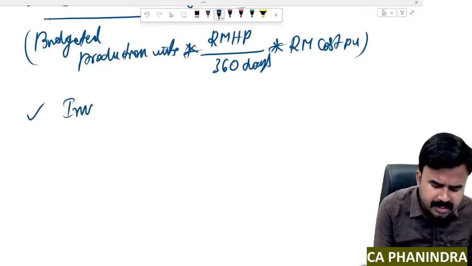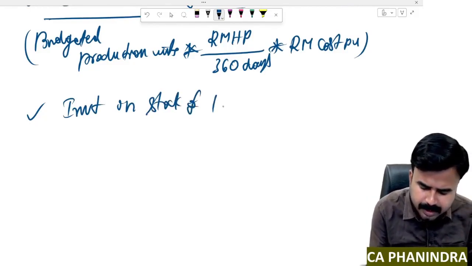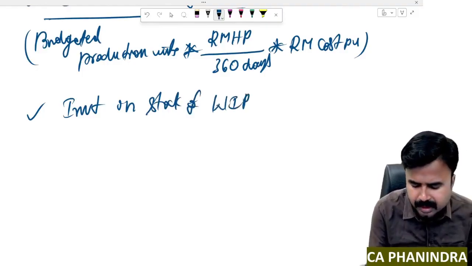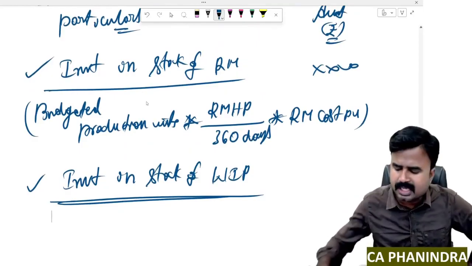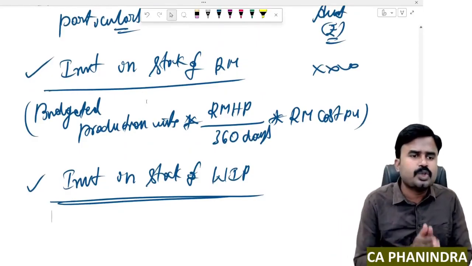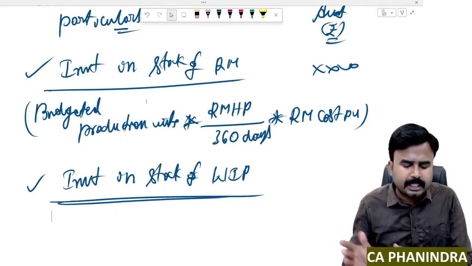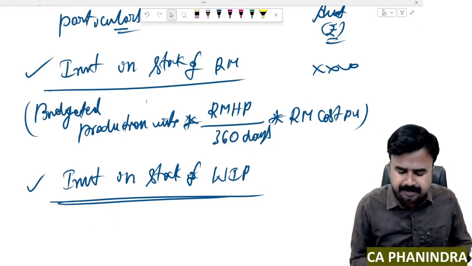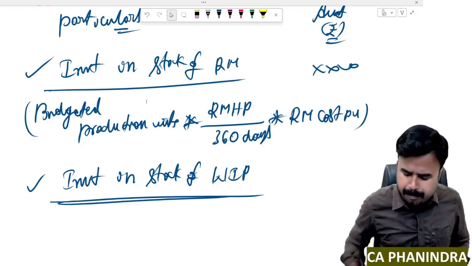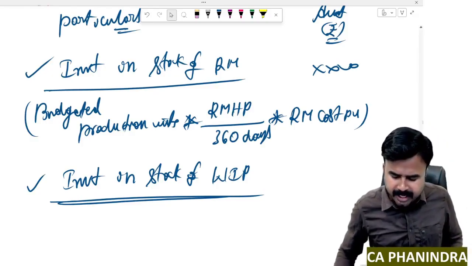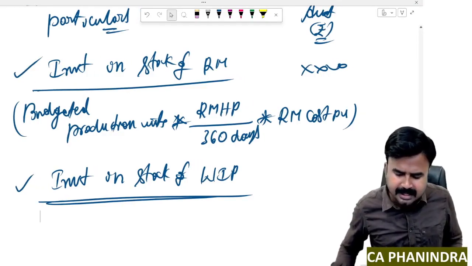Next one is investment in stock of work in progress. See, before writing this, let me tell you one important point. Investment in stock of raw material means that portion of stock of raw material you are supposed to maintain throughout the year. Say for example, you take 360 budgeted production units, and your holding period is 30 days.